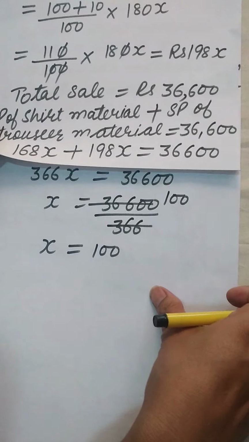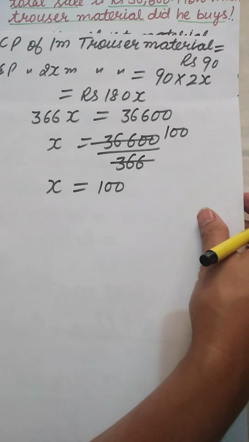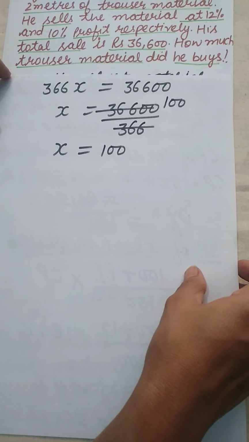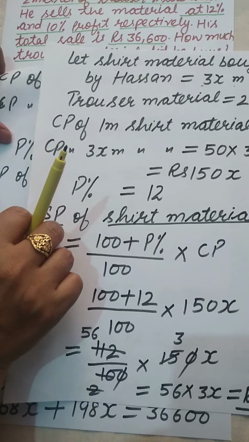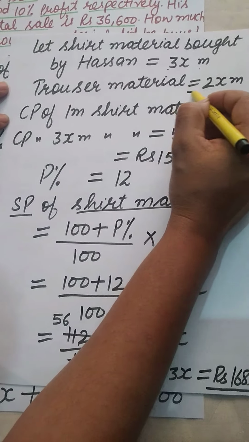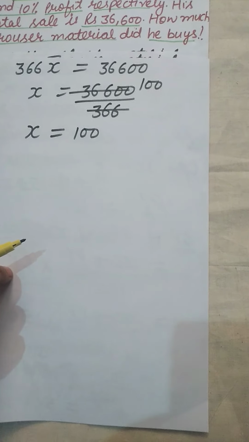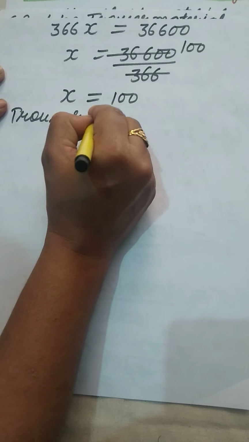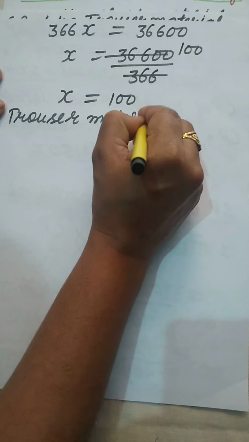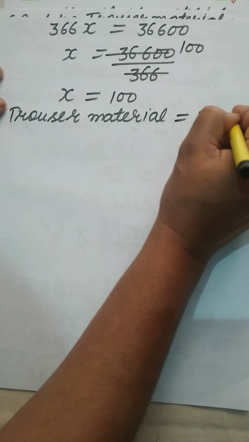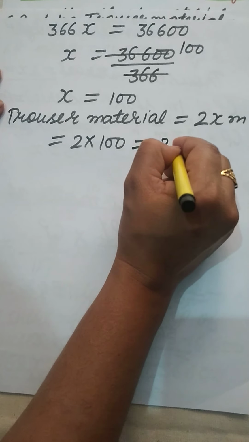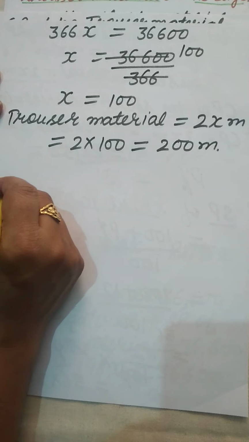Now as given in the question, we are to calculate the trouser material he buys, and the trouser material he buys is 2x meter. So it will be 2 multiplied by 100, which is equal to 200 meter trouser material he buys.